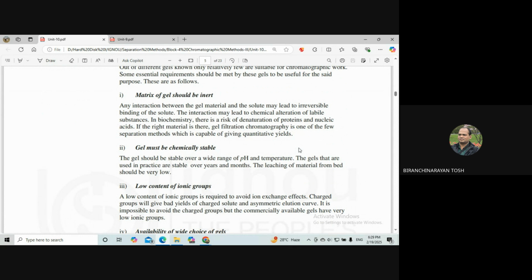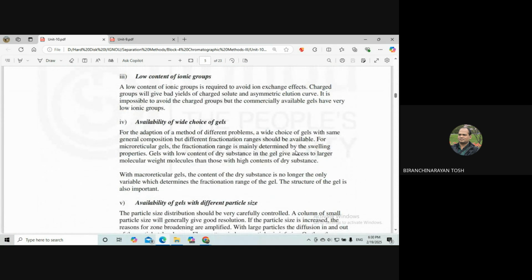Gels with a low content of dry substance give access to larger molecular weight molecules than those with a high content of dry substance. With macroreticular gels, the content of the dry substance is no longer the only variable which determines the fractionation range of the gel. The structure of the gel is also important.